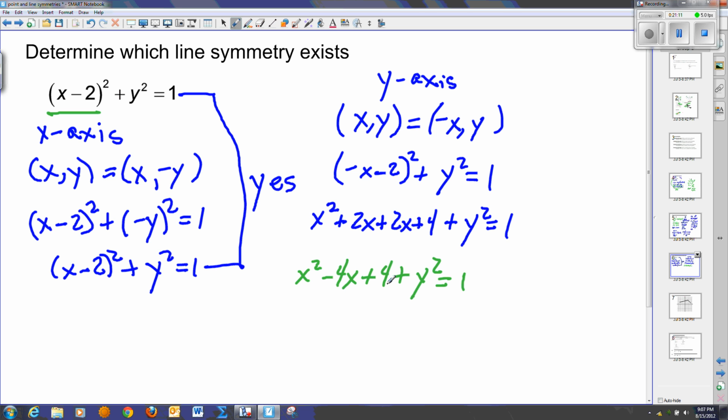So where's the big difference? Y squared is the same. 4 is the same. That's positive 2x and positive 2x, which is positive 4x. This is negative 4x, so no. That's not y-axis symmetry. And again, I'll let you do the last one on your own.